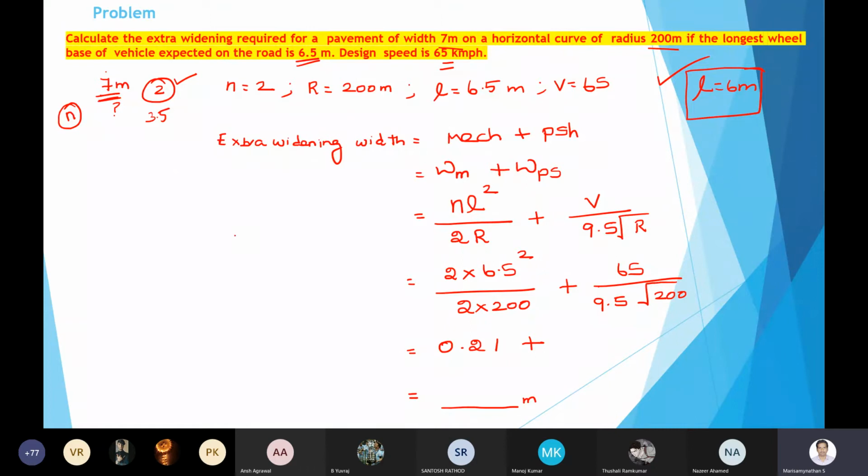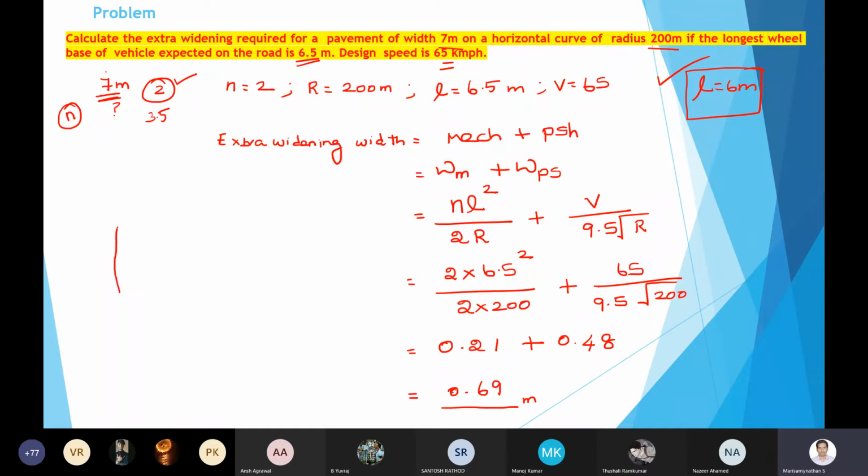I'm getting the value of 0.4838. So I'm making it 0.48. So 0.21 plus 0.48, the final value I am getting is 0.69 meter. So this is the extra width we have to provide.